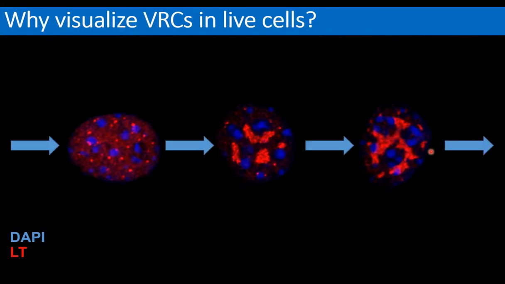To address this problem, my colleague Kim Erickson and I generated a system that would allow us to visualize VRCs in living cells throughout infection. The goal was to investigate these arrows and the processes we thought they might represent, from VRC formation to their expansion and merging, and eventually cell lysis and viral release.